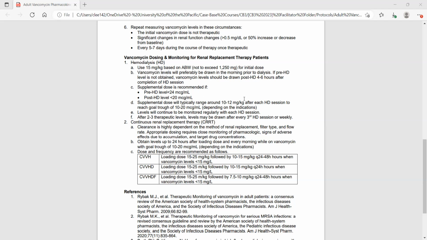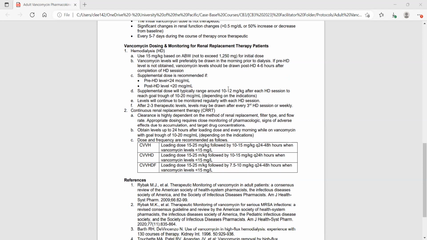So again, not everybody will get a supplemental dose of 10 to 12 milligrams per kilogram. You have to base it on their previous dose and what the levels are after that dose and so on.